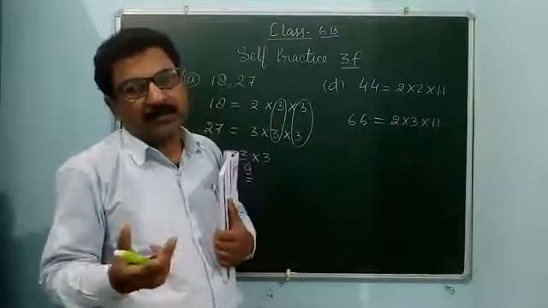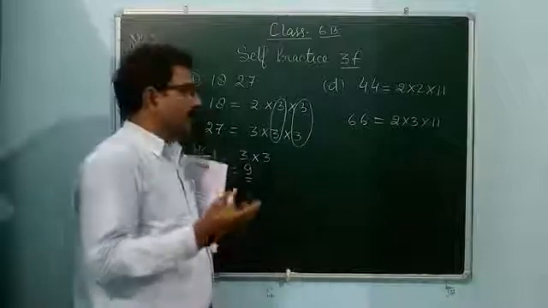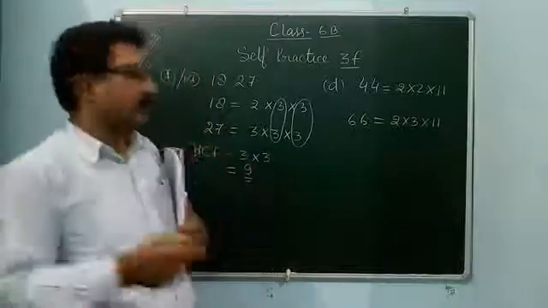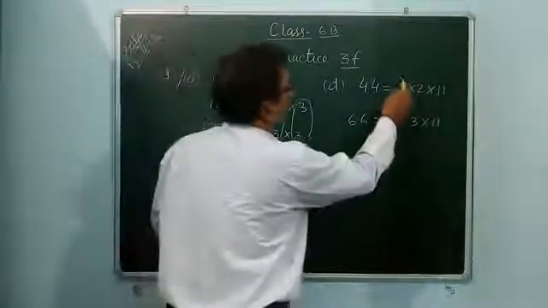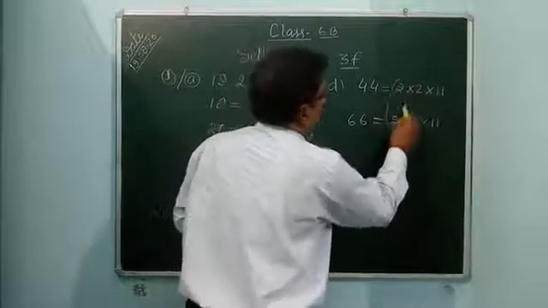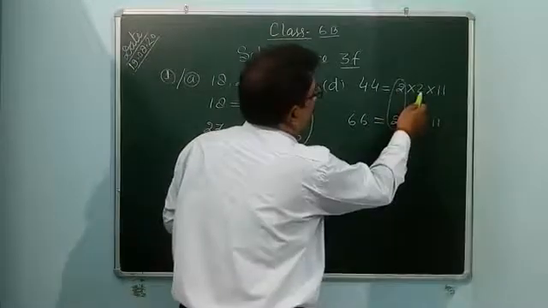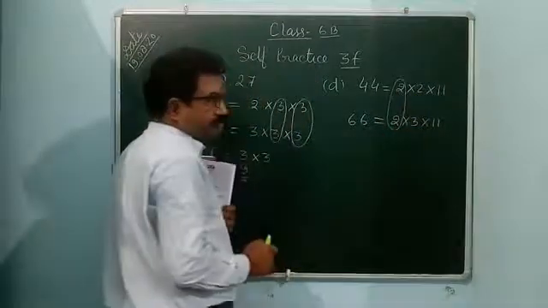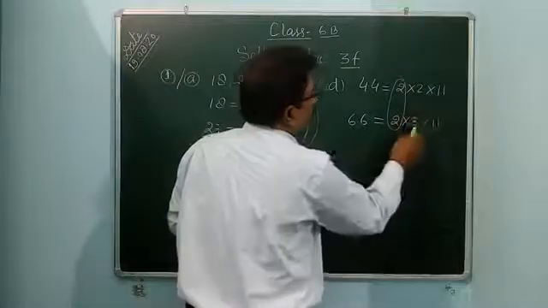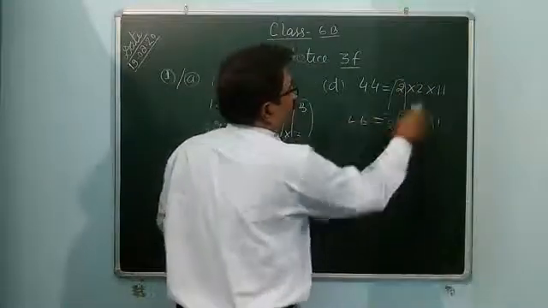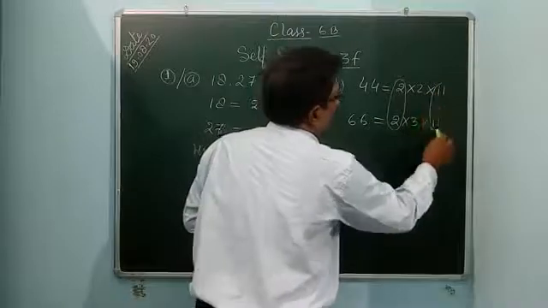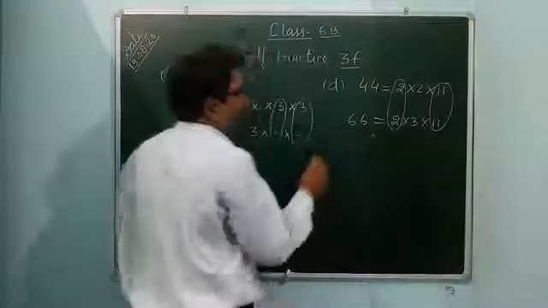After writing the prime factors, you find the common factor. Here 2 is common. The second 2 is not common, and 3 is also not common. But 11 is a common factor.